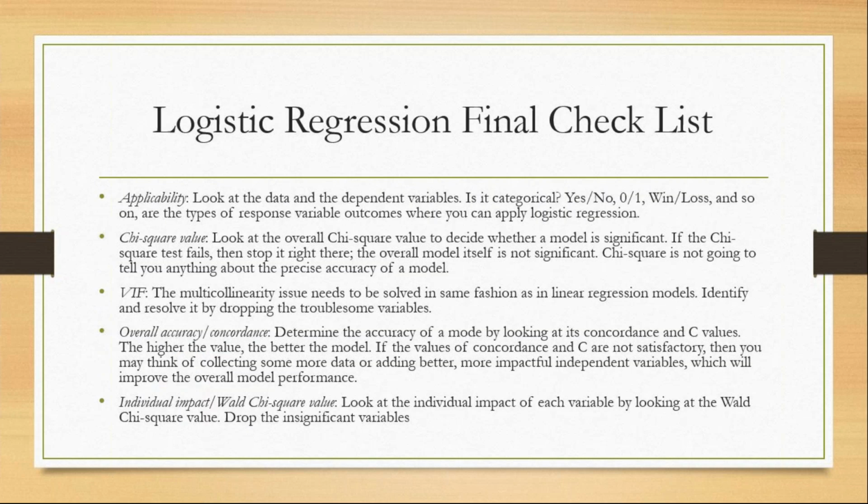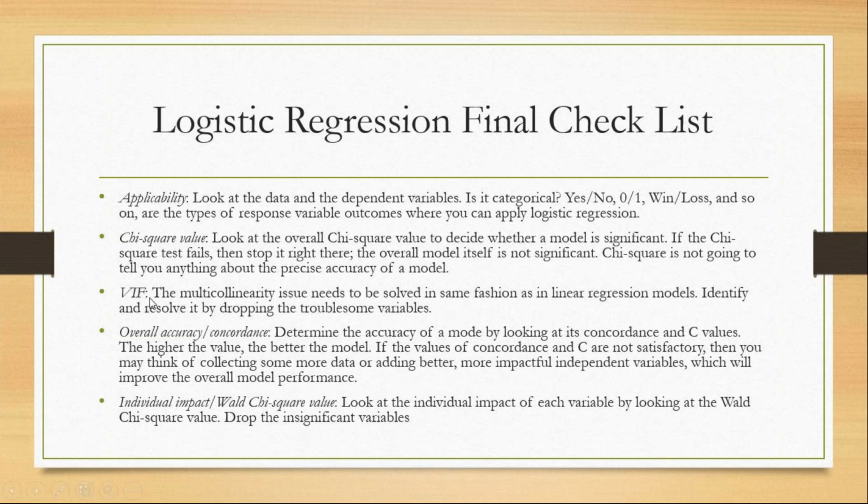There are a few final checks that we need to do for logistic regression. Whether my answers are in a categorical form like 0 and 1, yes or no, win or loss. Also, as I mentioned, VIF, or multicollinearity, is quite important.